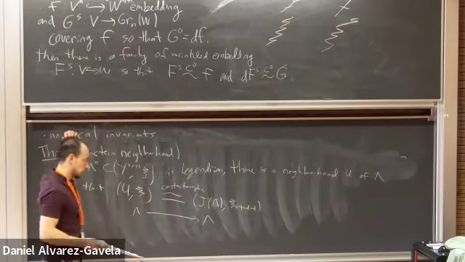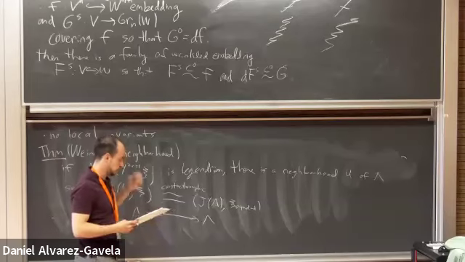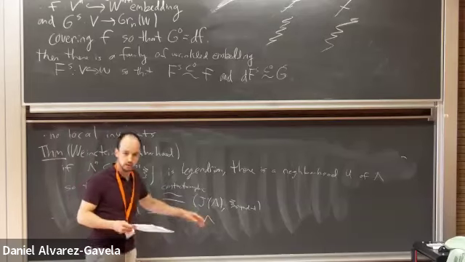So if you have a Legendrian, it locally looks like just the zero section of the one jet space.